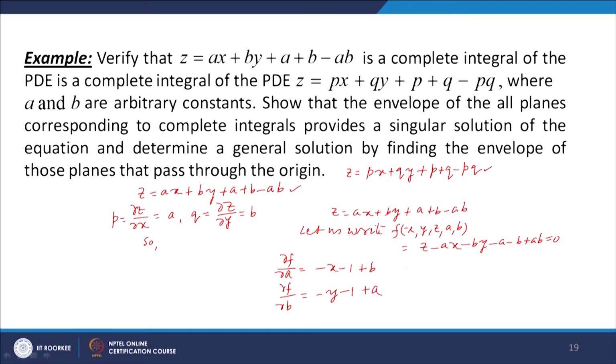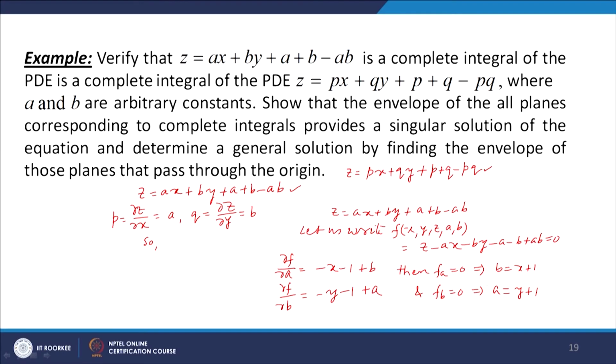So f_a equal to 0 gives b equal to x plus 1, and f_b equal to 0 gives a equal to y plus 1. The envelope of all planes corresponding to the complete integral provides a singular solution.